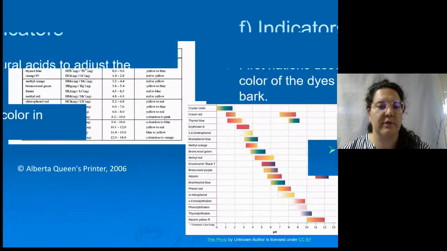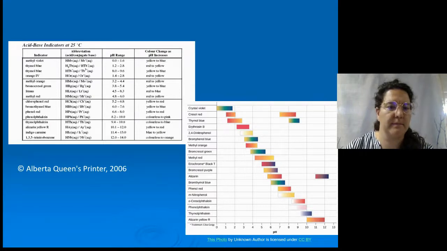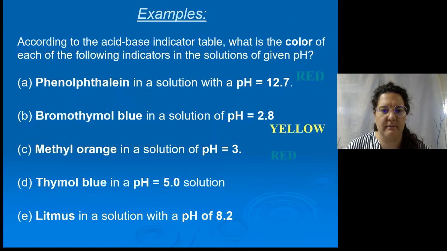Methyl orange in a solution of pH 3. So we'll go to methyl orange. And we have a pH of 3, and so this should still be red. Okay, thymol blue in a solution of pH 5.